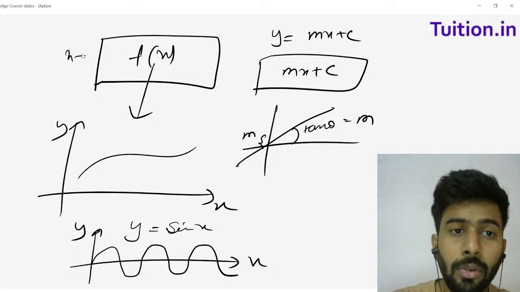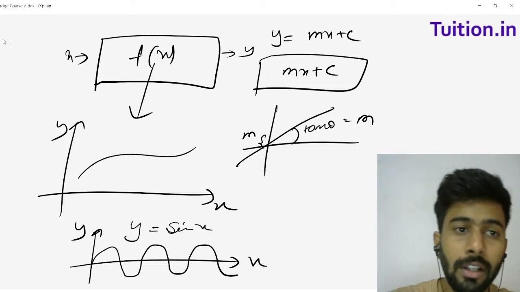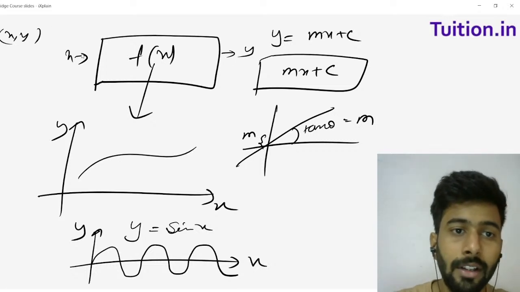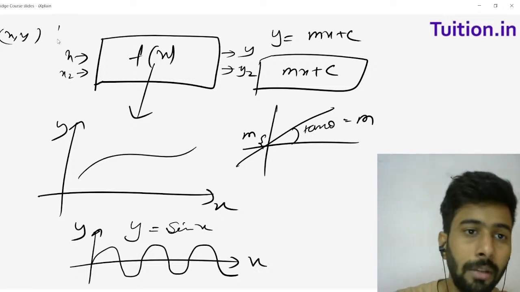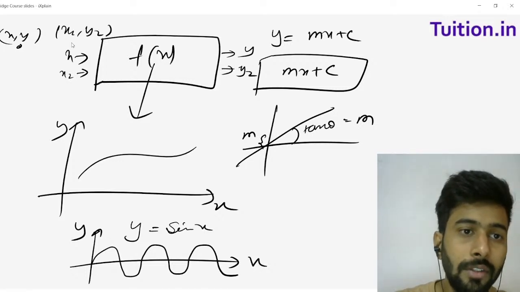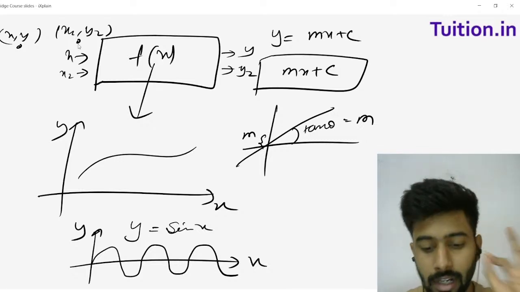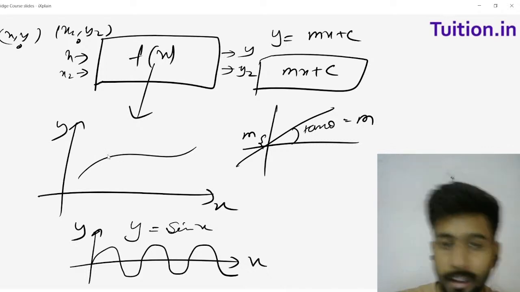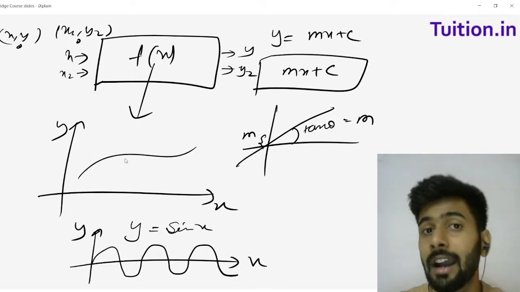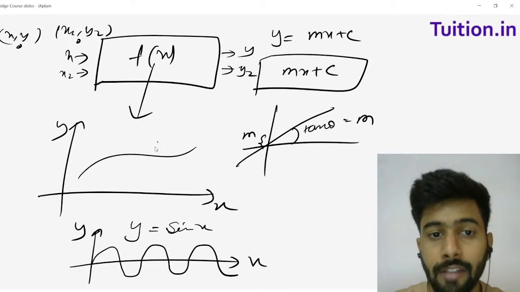You give the input to it, you get the corresponding output, then make the x1 y1 pair. Like that, give x2 as input, get its corresponding output, make the x2 y2 pair. And all of these are points, okay? They all have x and y coordinates. So plot these points on the graph. You will see how a function looks on a graph.